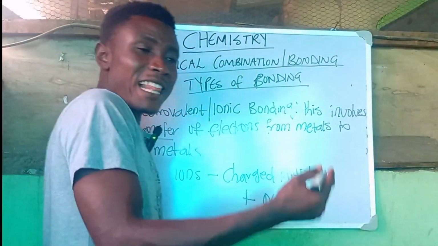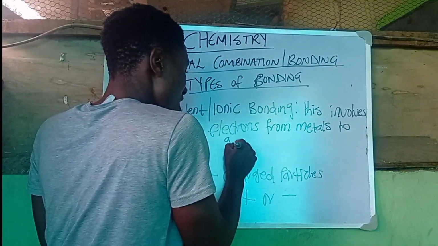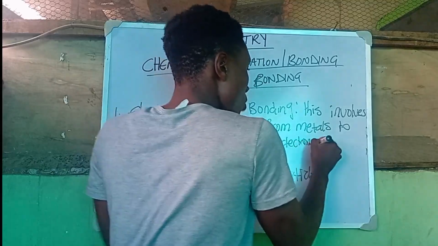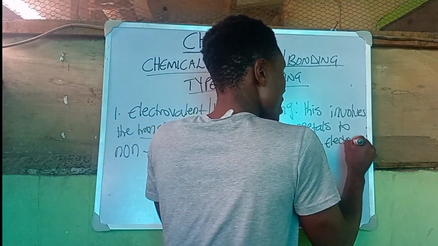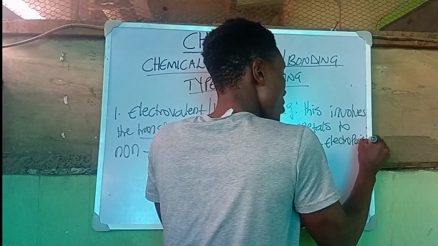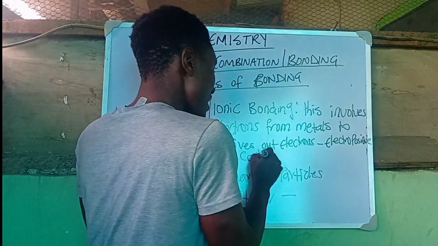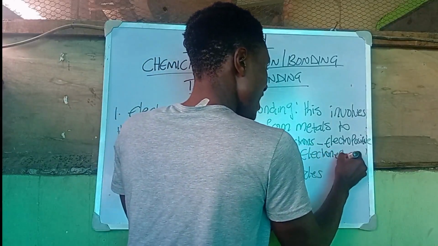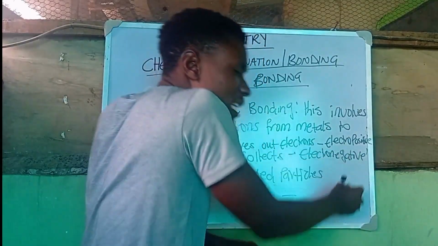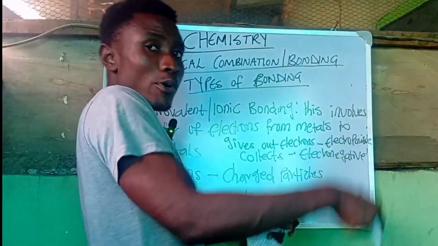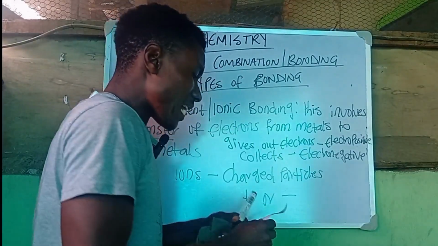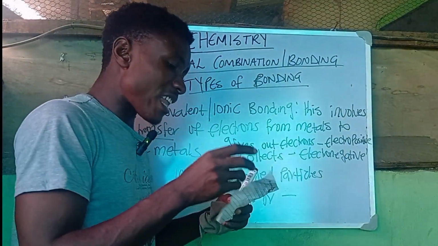So when it gives out electrons, it is electropositive. And when it collects electrons, it is electronegative. That is what we are talking about. So that is basically everything you're supposed to know when it comes to the electrovalent bonding.